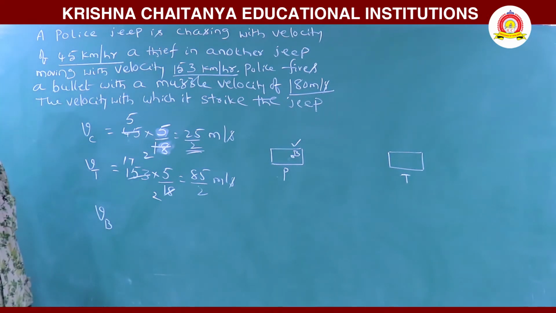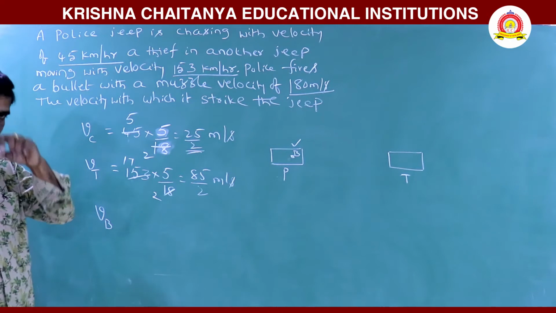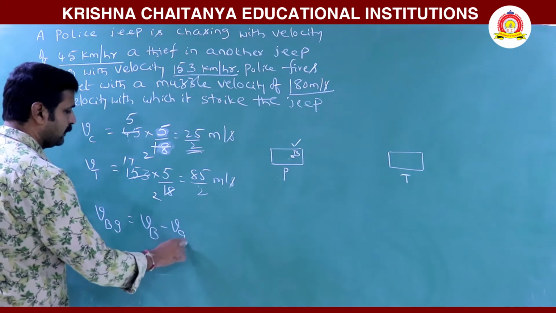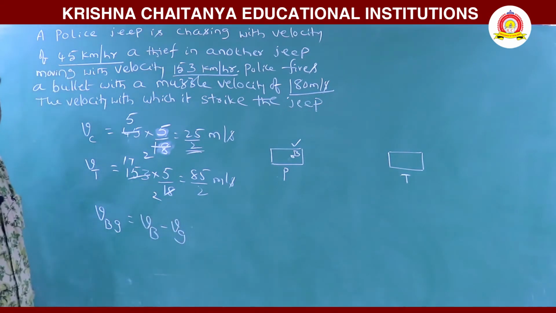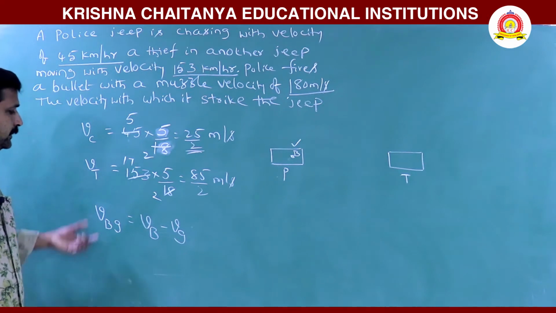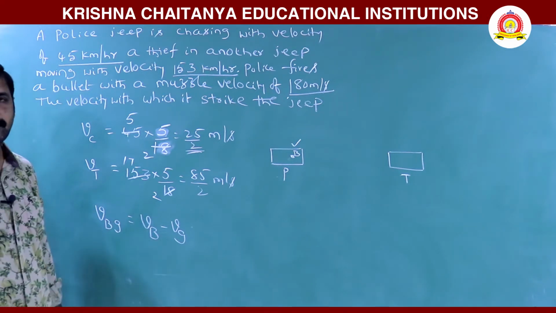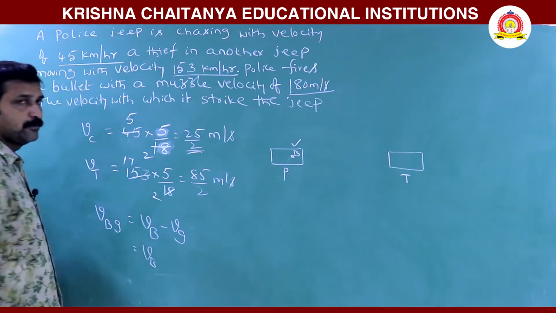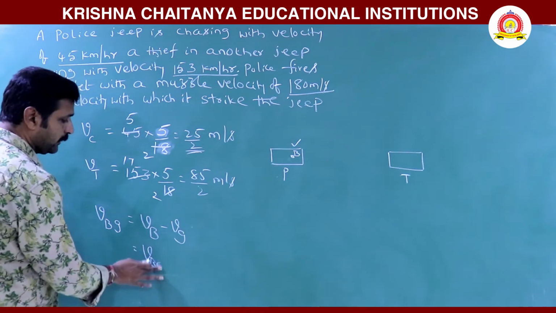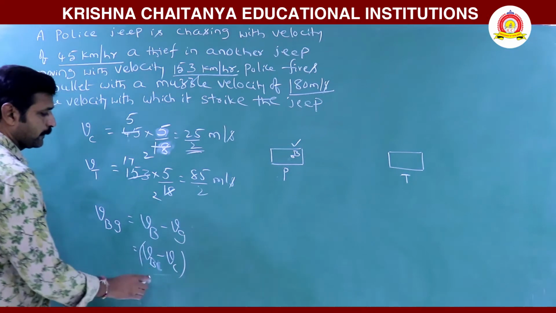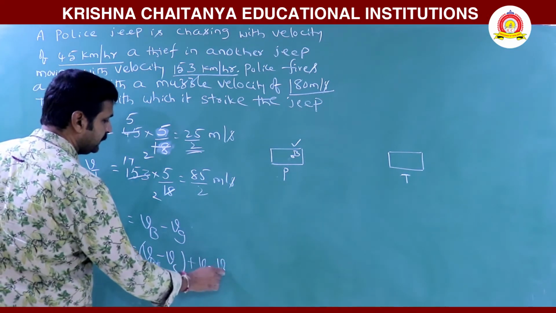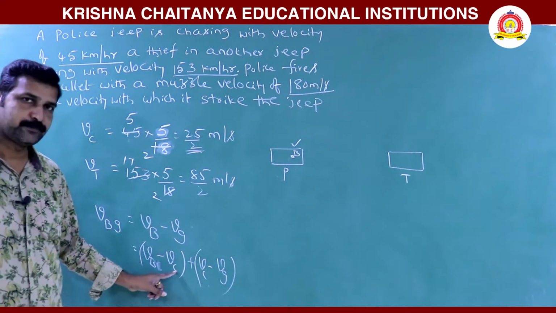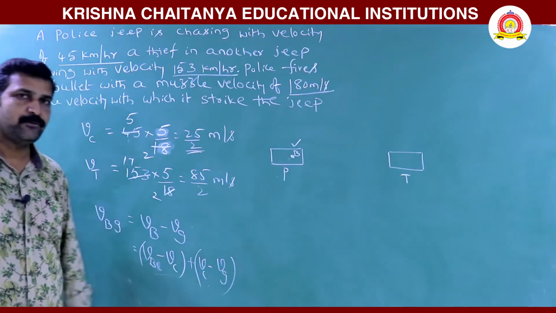Now the velocity of the bullet with respect to ground, we write as velocity of bullet minus velocity of ground, Vb minus Vg. Now the velocity of the bullet with respect to the cop jeep, can we write it as Vb minus Vc plus Vc minus Vg?